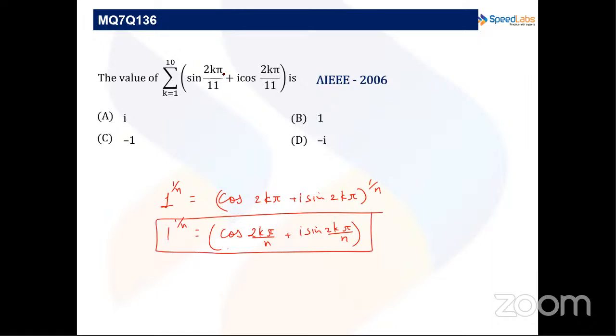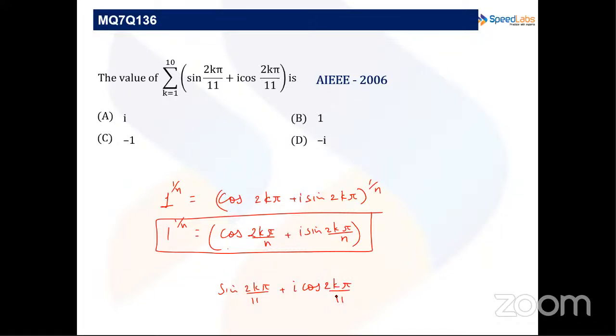But it is not in the form of cos theta plus i sin theta. It is in the form of sin theta plus i cos theta. So how can we make it in that form? We take this i common, so we have sin 2k pi/11 plus i cos 2k pi/11.